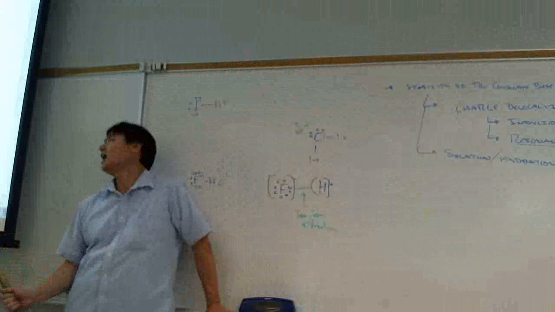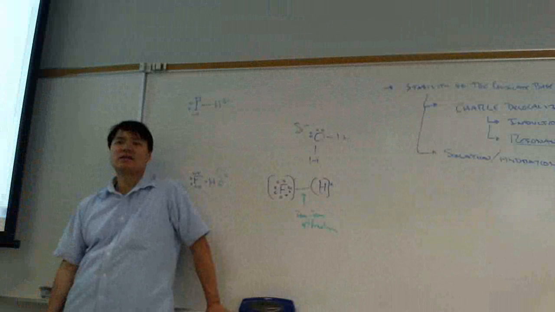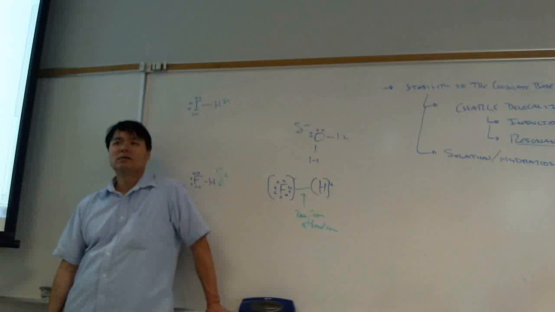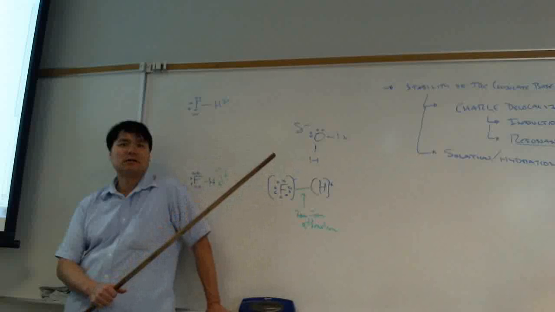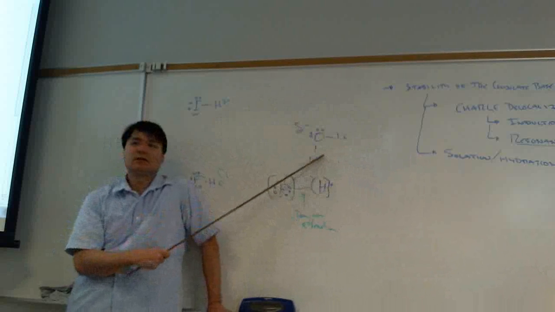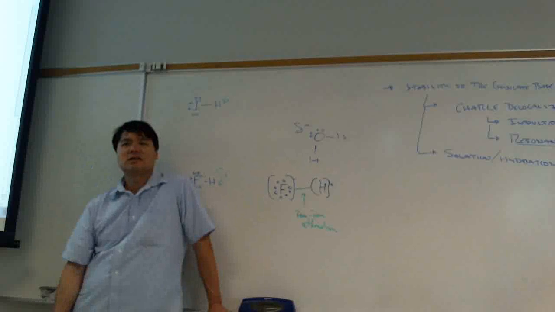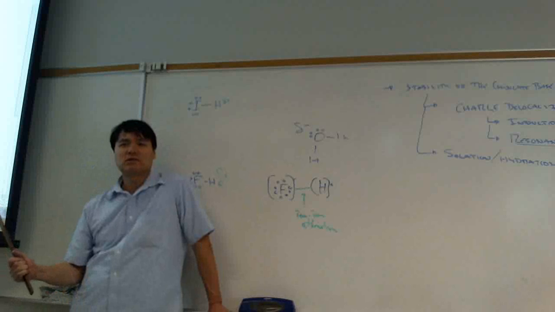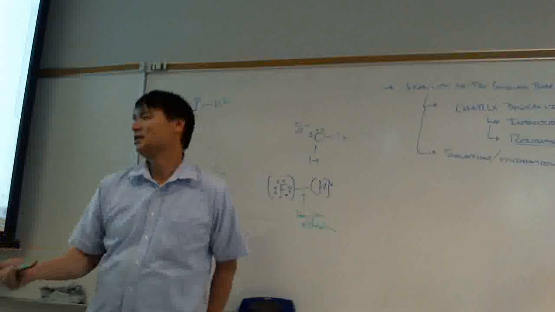Why is HI a stronger acid than HCl? Because it has a bigger radius, weaker bond. Why does it have a weaker bond? Bigger radius. Why does a bigger radius make a weaker bond? Because the big orbital here has low electron density. That's it for chapter 16. But there's going to be more of chapter 16 later.